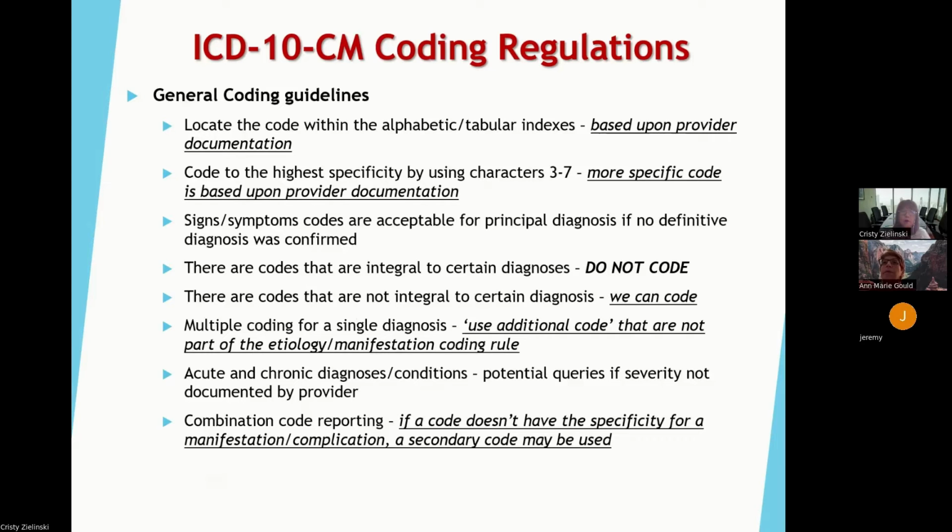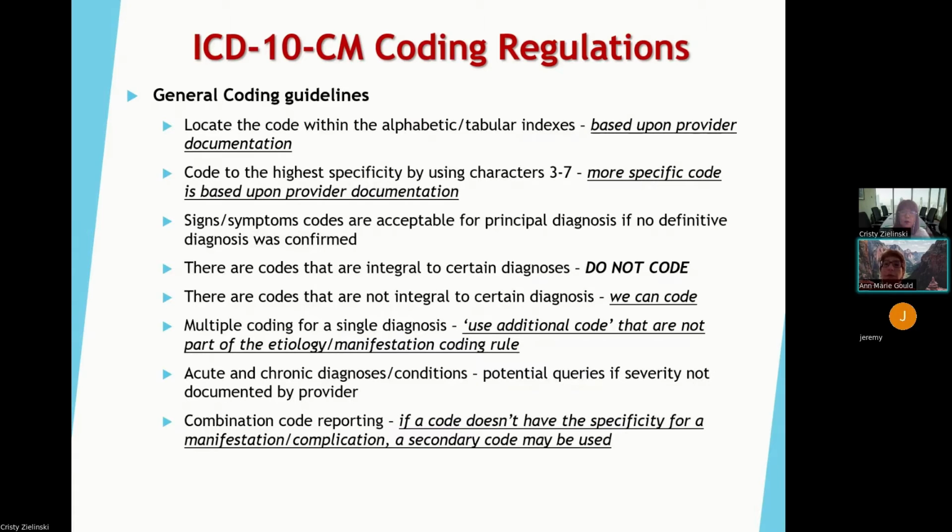Okay, in addition, general coding guidelines, we want to locate the code within the alphabetic and tabular indexes. And of course, it all goes back to your provider documentation. And you code to the highest specificity by using characters 3 through 7. So more specific code is based upon provider documentation. Now, your signs and symptom codes are acceptable for principal diagnosis if no definitive diagnosis was confirmed.